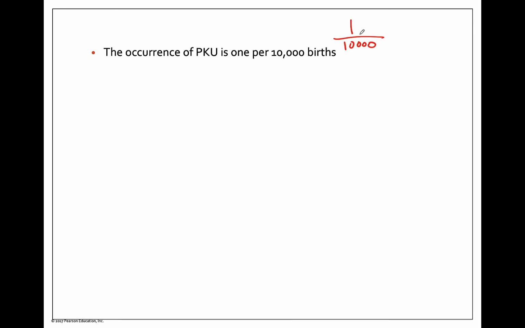So what this means is that there is a 0.0001 chance of being born with PKU. PKU is homozygous recessive, so if we've got A and little a, somebody with PKU is going to be little a little a.